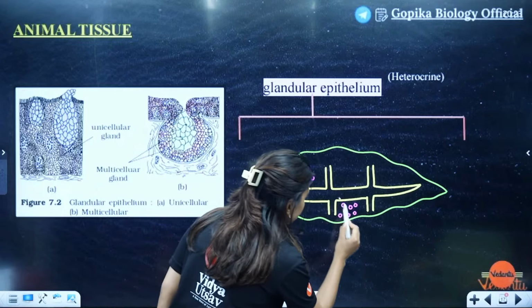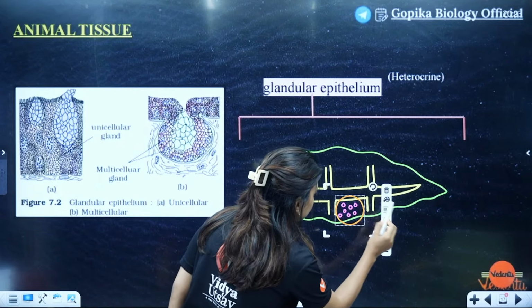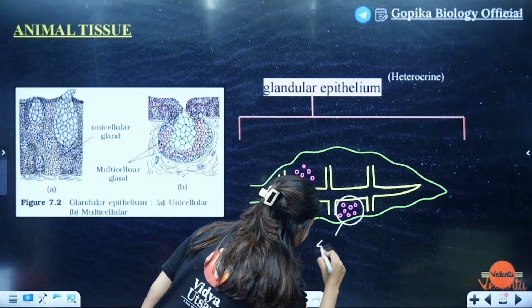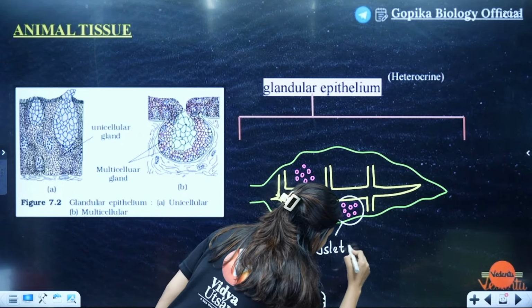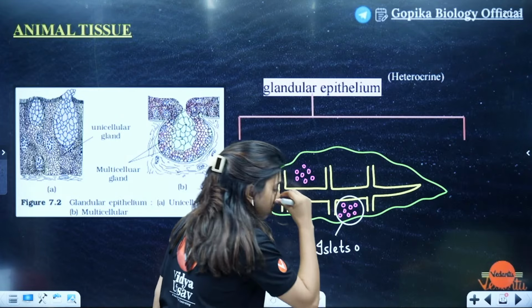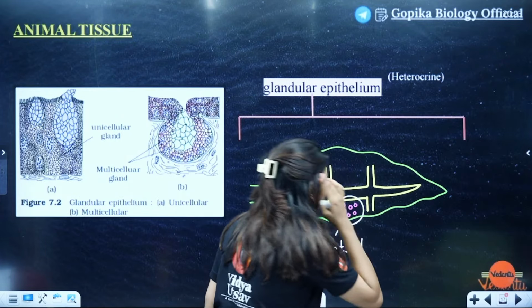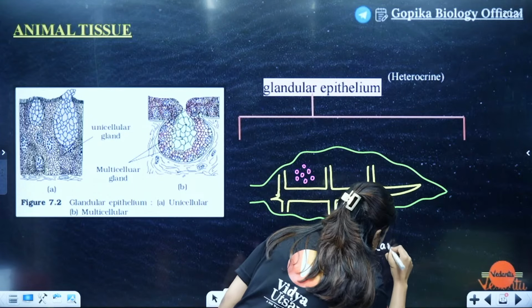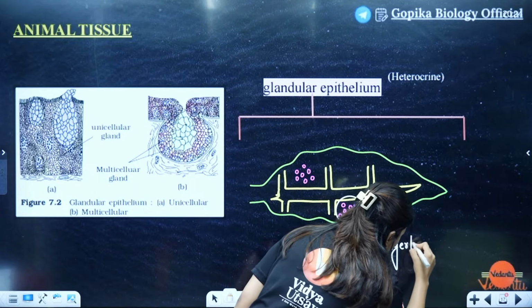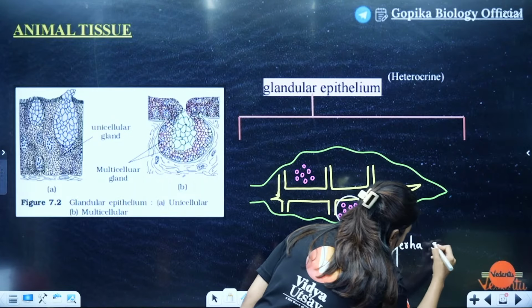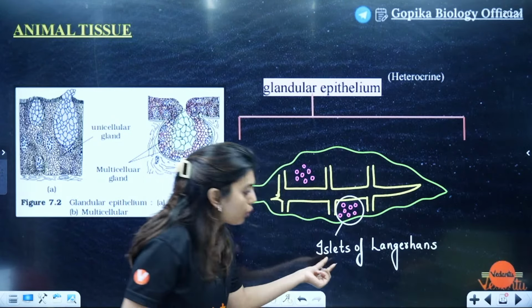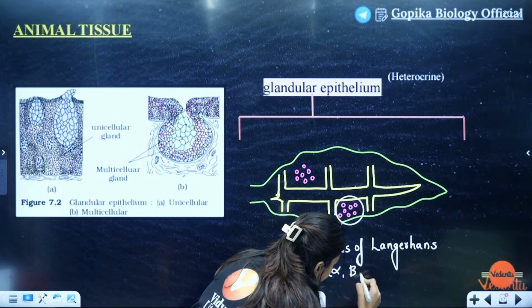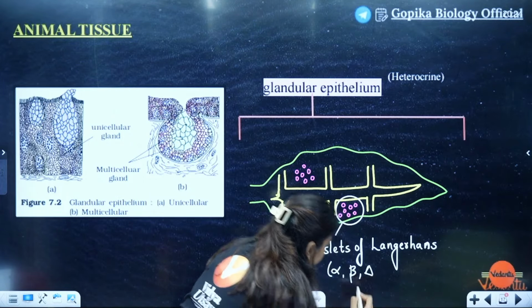This one which you're seeing here is nothing but the islets of Langerhans. What are the islets of Langerhans? They secrete insulin, somatostatin and glucagon, from alpha, beta and delta cells. Sorry, did I say gamma by mistake?